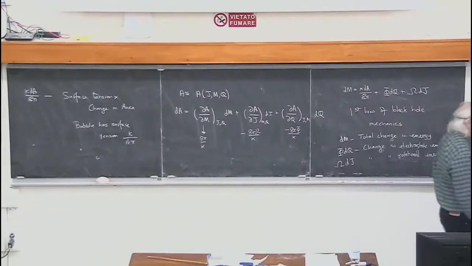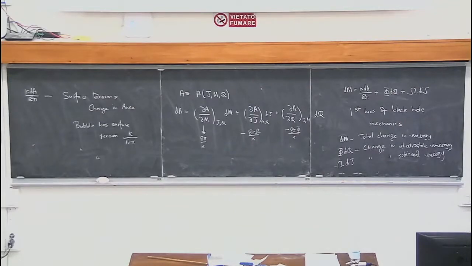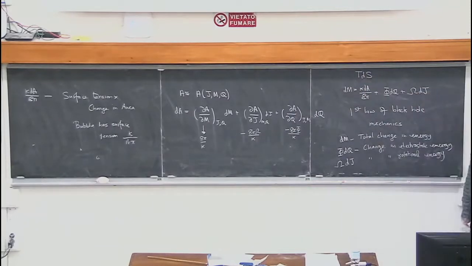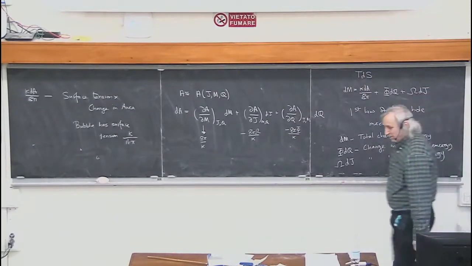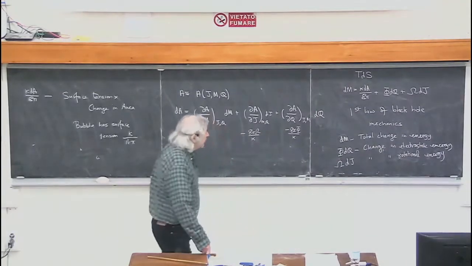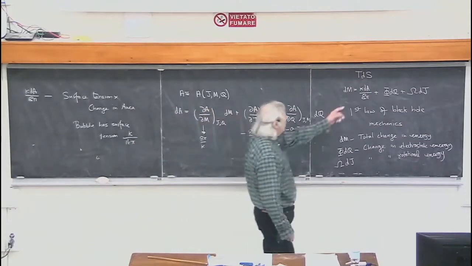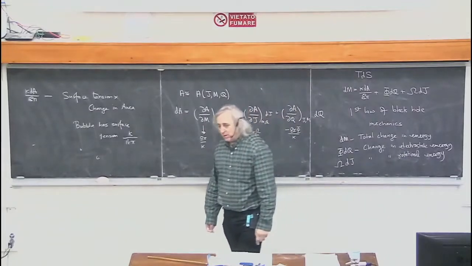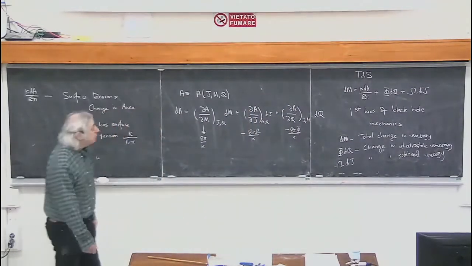However, if you were a 19th century physicist, you would regard this as nonsense, because you would say, surely this is the first law of thermodynamics, not the first law of black hole mechanics in some special situation, in which case from somewhere there's a TdS term. Where has that come from? Well, of course, you would like to associate dA with S and T with kappa, but you have no idea what the constant of proportionality is.